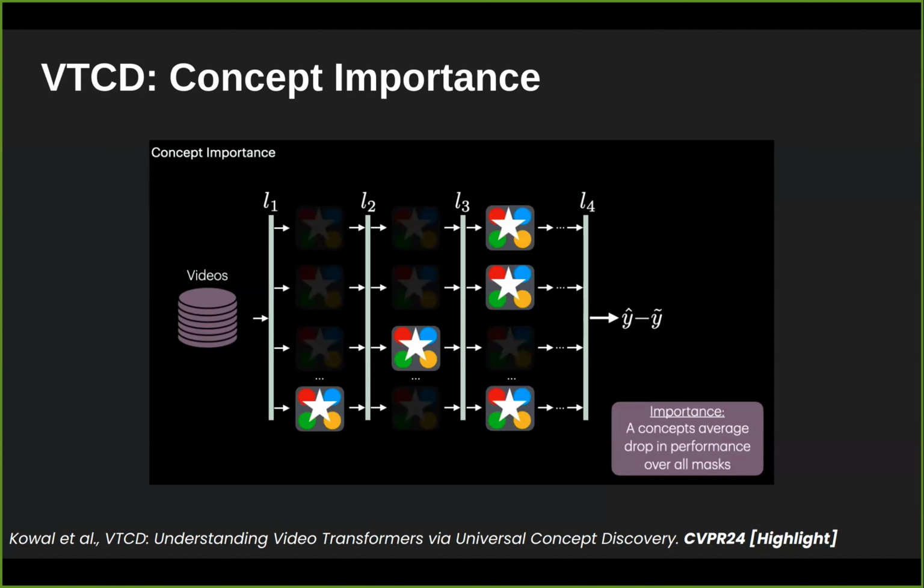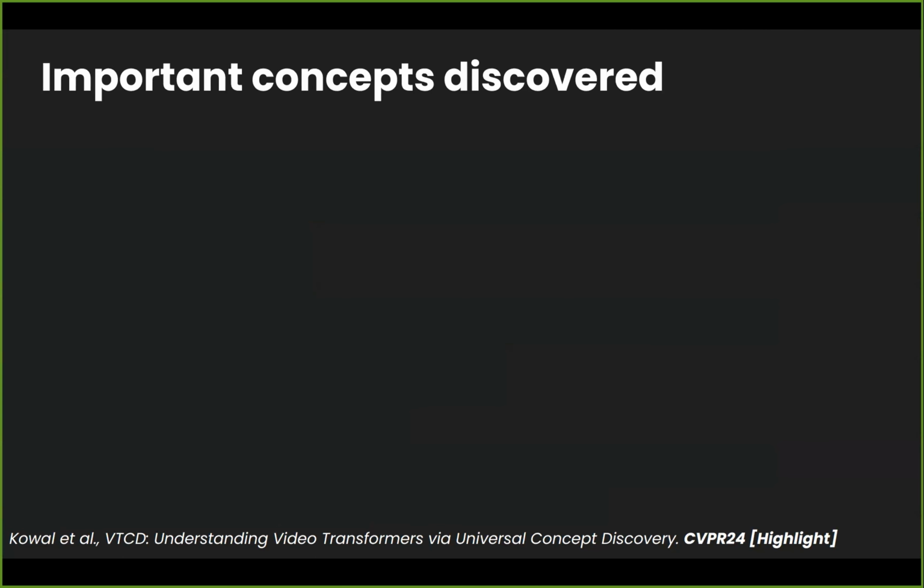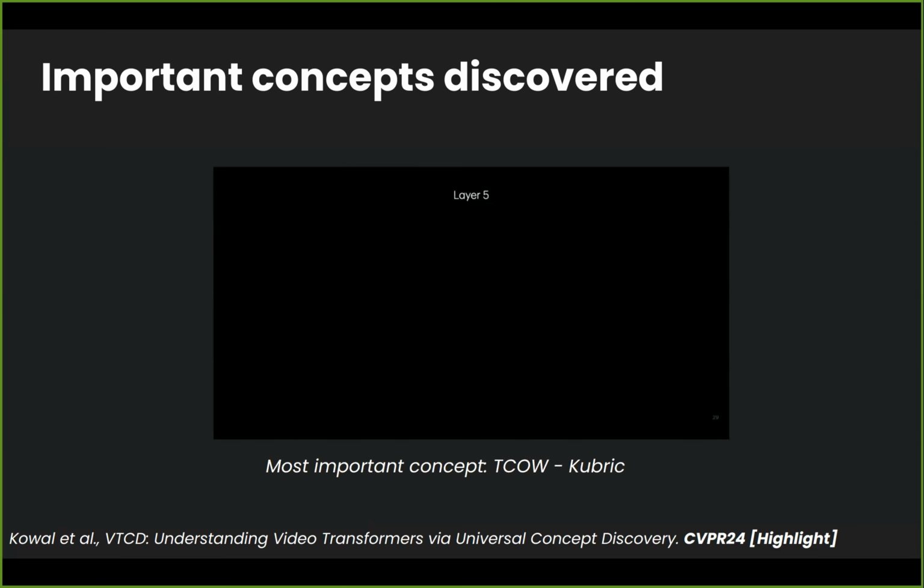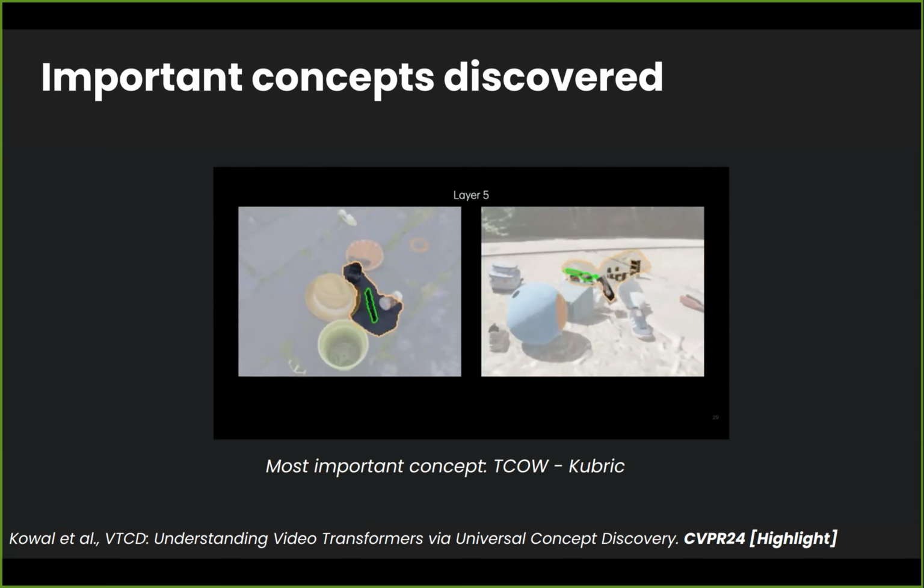So using these concepts, we looked at a few different transformer models, and we tried to figure out what are the most important concepts and what do they do. And so we looked at the segmentation TCAL model, which is trained to track occluded objects on the Kubrick dataset. And the most important concept is found in layer 5.